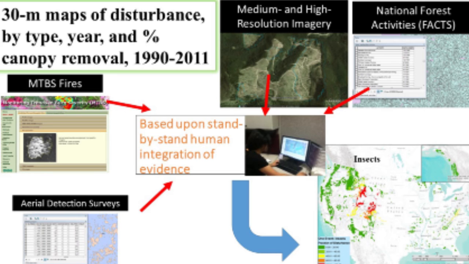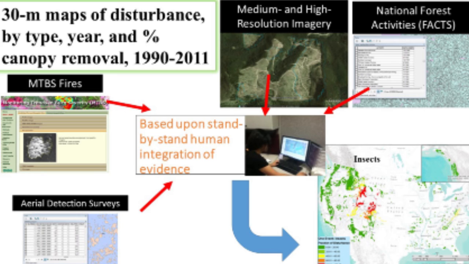In this part of the country, this map shows the incidence of insect activity, and so this is really a hot spot for that. And there are other maps for harvest and for fire as well, and they show up in different parts of the country. But here's the important thing for these maps.